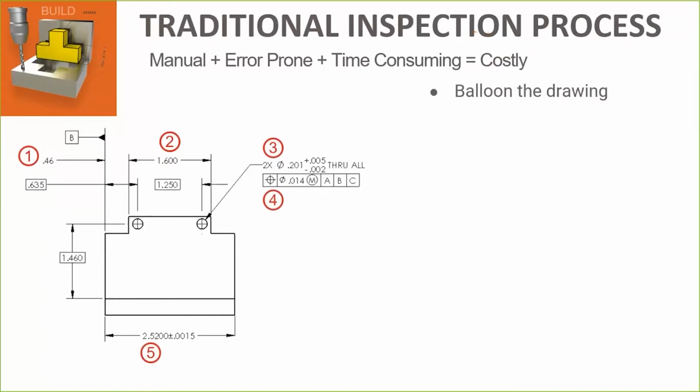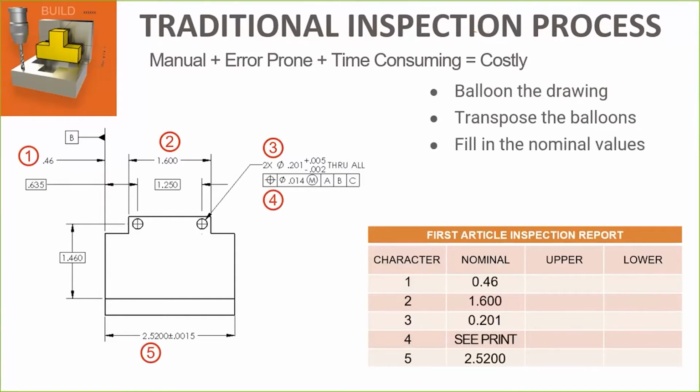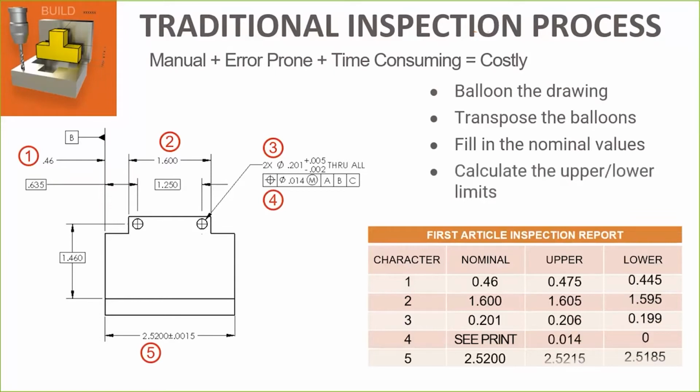I know plenty of my customers that are still doing this by hand, so they're just printing out the drawing, literally taking a red pencil or marker, drawing all those balloons on, and then they're scanning it and making a PDF copy of the balloon drawing before they go ahead and make their inspection report. So once you have your balloon drawing, you're going to do exactly like I mentioned. You're going to transpose the balloons over into some sort of spreadsheet. You've got to bring over those nominal dimensions, and then you're going to have to calculate those upper and lower limits, right?